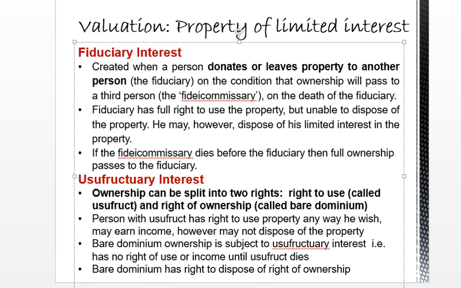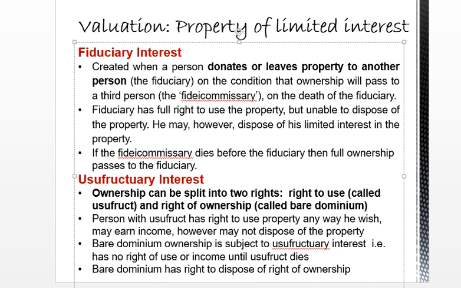He therefore has no right to use or income of this property until the usufruct dies. Okay, but what the bare dominium may do is dispose of his right of ownership.